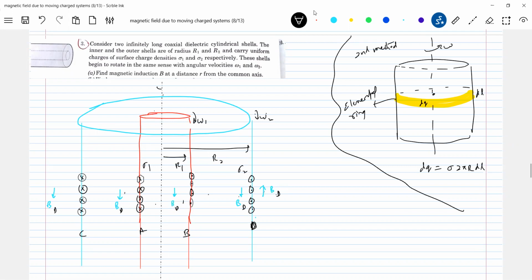Superposition of all the fields, like four current carrying sheets are there. In that way, what you're supposed to assume here. Okay, fine. Similarly, now due to C, it will be here.